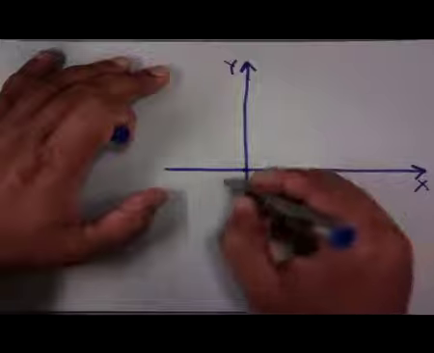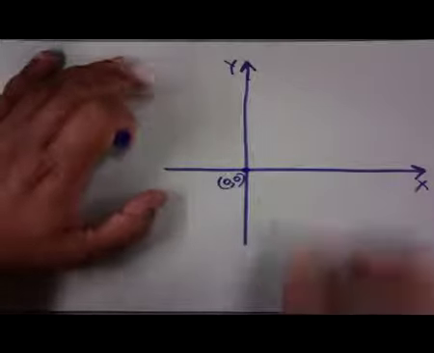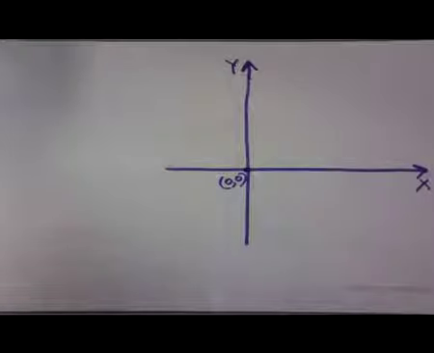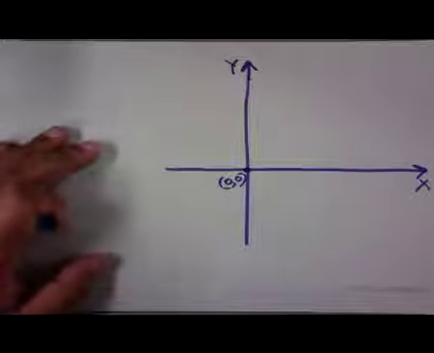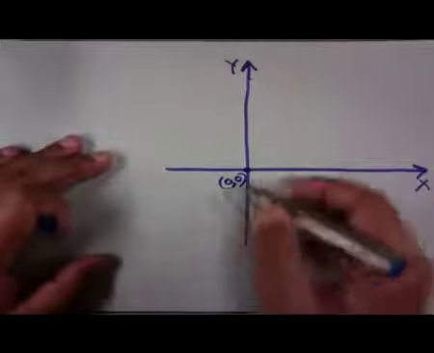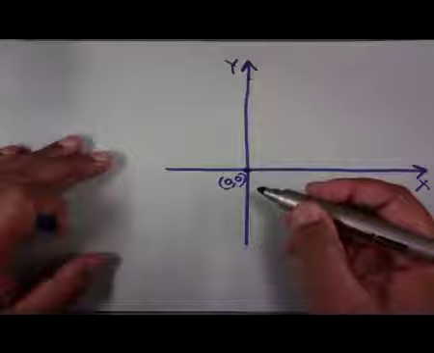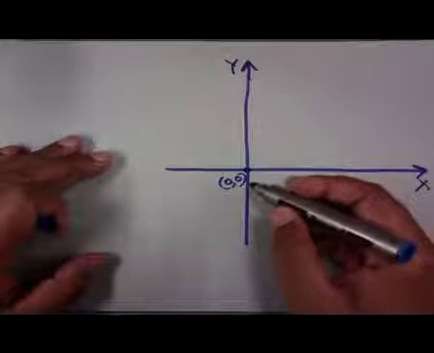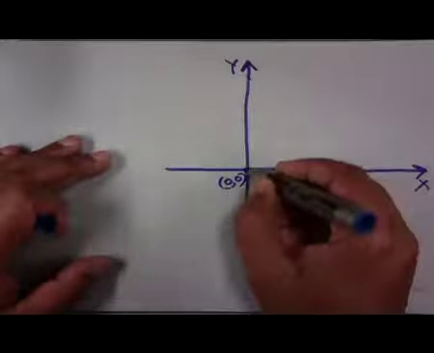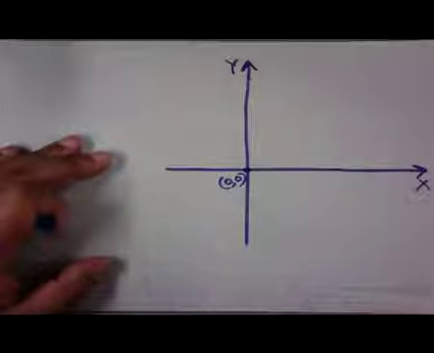We have the origin here. So, the first circle is x square plus y square equals 4. This particular circle has center at the origin and has radius equal to 2.